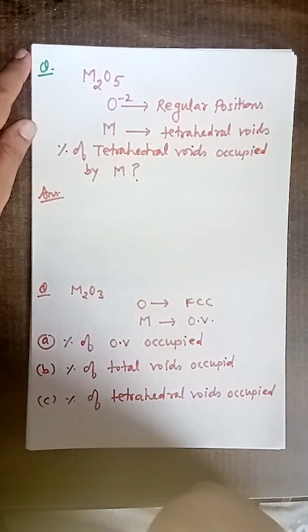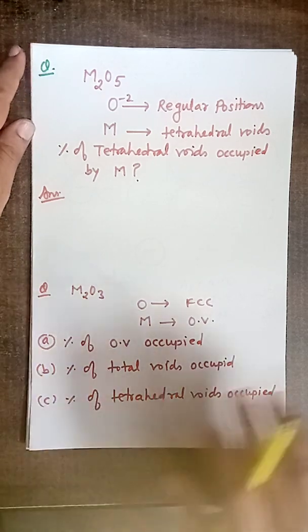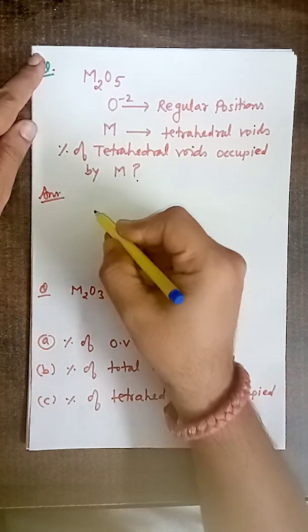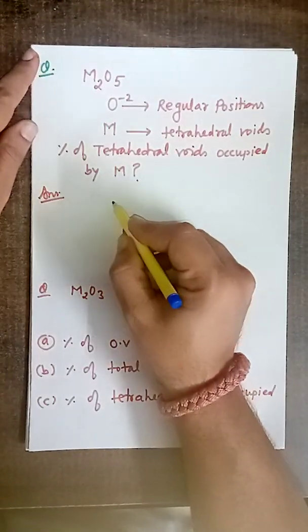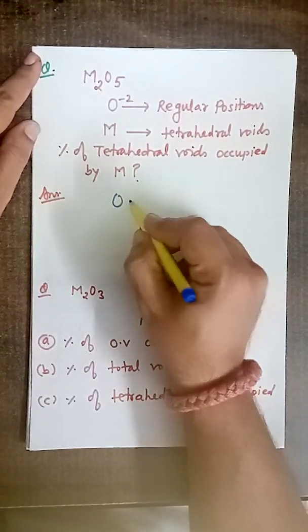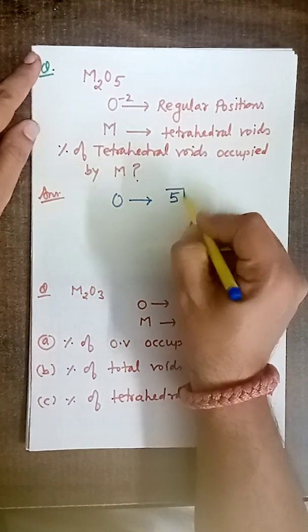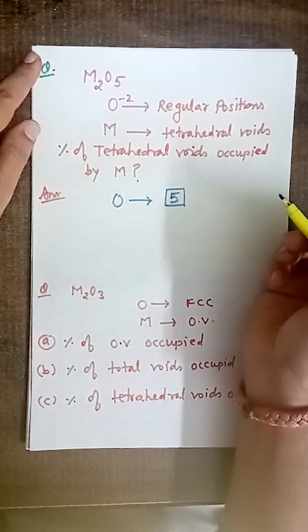One more question for you. You can see here this time it is M2O5, oxide at regular position, M in tetrahedral void, and once again you need to calculate the percentage of tetrahedral void occupied by metal. So start with an assumption for oxygen. Let oxygen be 5 because the empirical formula says M2O5.